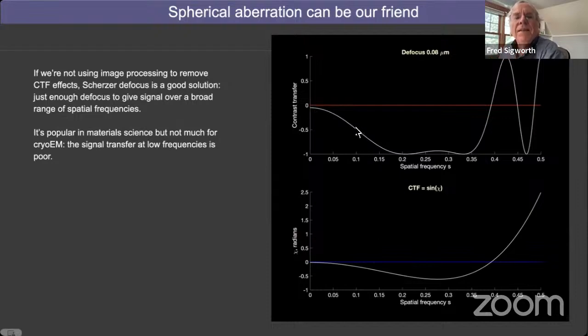And so they pick a small amount of defocus so that you get pretty good looking images without any computer processing. This is called Scherzer defocus. This guy Scherzer said this is a good place to do the focusing, but we don't like it. The reason we don't like it is that the amount of contrast transfer at the low spatial frequencies, which are the ones that allow us to actually see where our particle is, is pretty low.